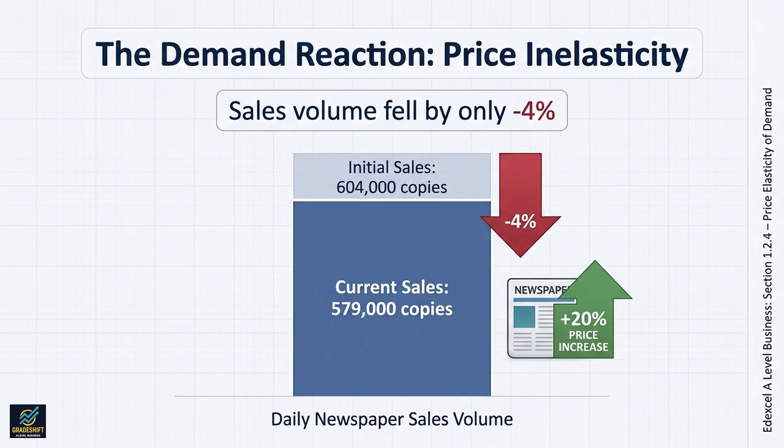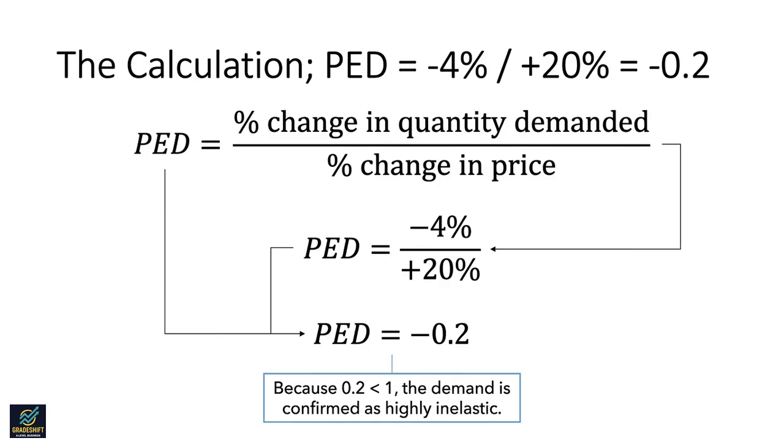Because reading a specific newspaper is often a strong daily habit, this 20% price increase only caused sales volumes to fall by 4%, dropping from 604,000 to 579,000 copies. If we calculate the elasticity, minus 4% divided by plus 20% gives a PED of minus 0.2. Because 0.2 is less than 1, the demand is confirmed as highly inelastic.